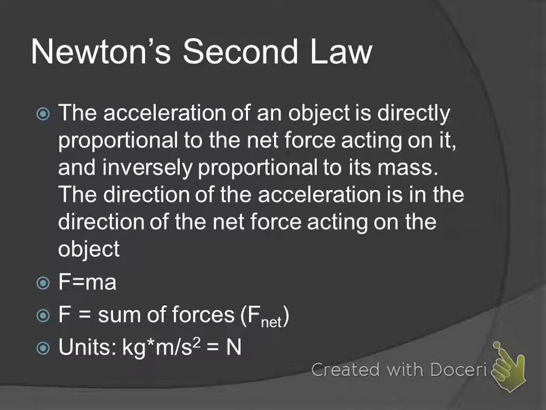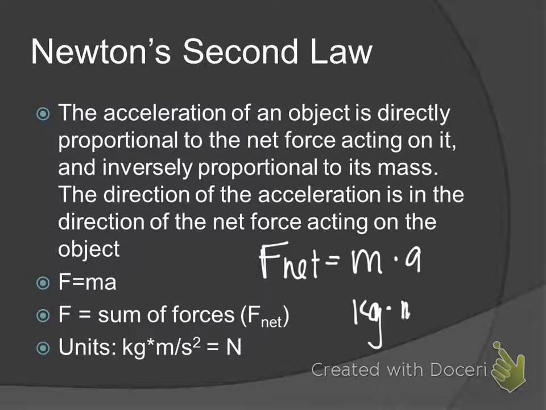A newton is a kind of combination of these units. The term newton for the unit comes from this law: net force equals mass times acceleration. The units for mass are kilograms. Acceleration is meters per second squared.